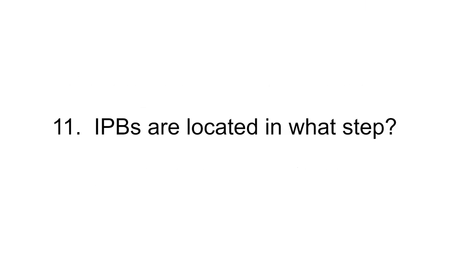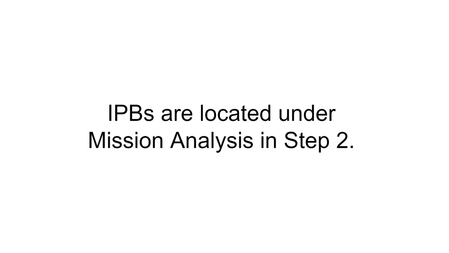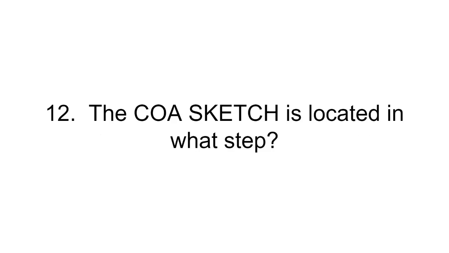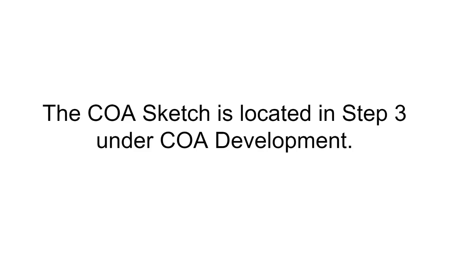Next, IPBs are located in what step? IPBs are located under mission analysis, step 2. The COA sketch is located in what step? It's an easy one. The COA sketch is located in step 3 under COA development.